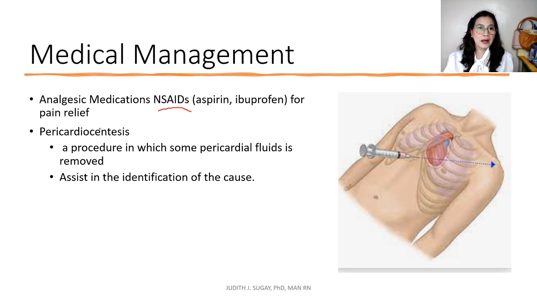Then we have a procedure to remove the pericardial fluid, called pericardiocentesis. Having this done will aid in the identification of the cause of pericarditis.